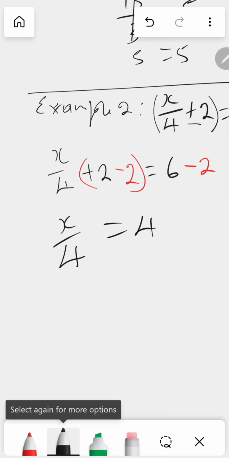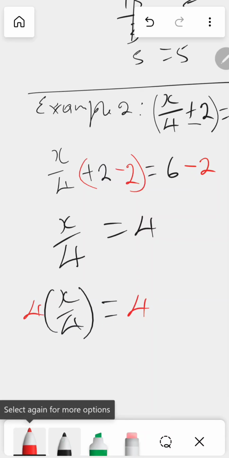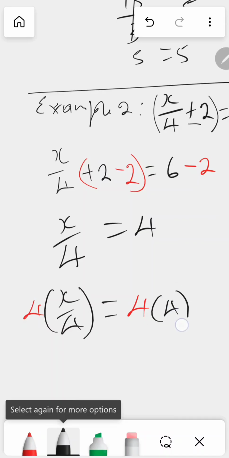And as was stated, when we are solving a fraction, our first step is to multiply. So we are going to multiply both sides by 4. Pardon my error. So we rewrite our equation, multiplying both sides by 4. So we're going to have 4 times x over 4 equals 4 times 4.